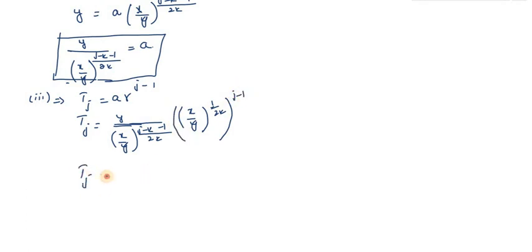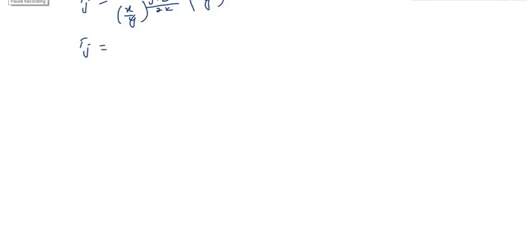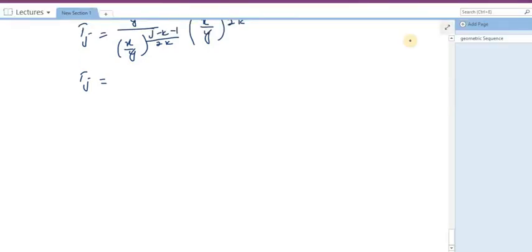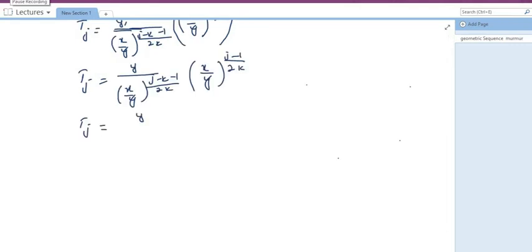So the jth term is equal to y upon x upon y to the power j minus k minus 1 upon twice of k, into x upon y.